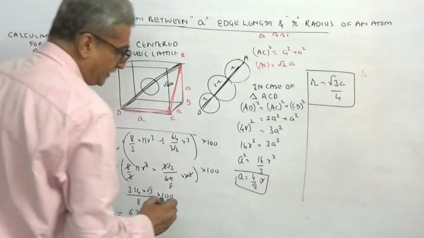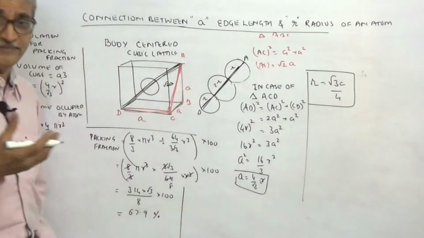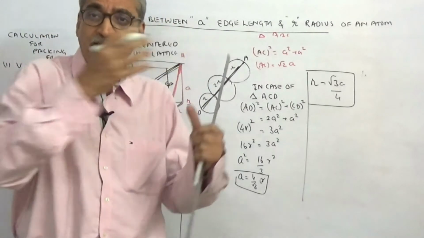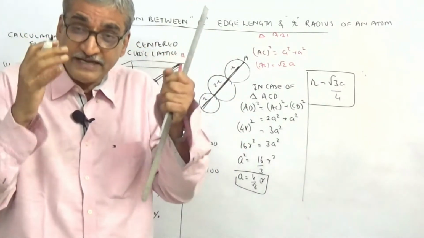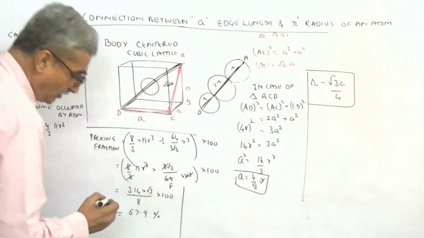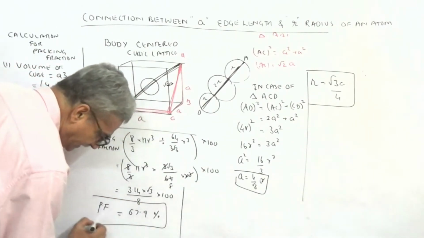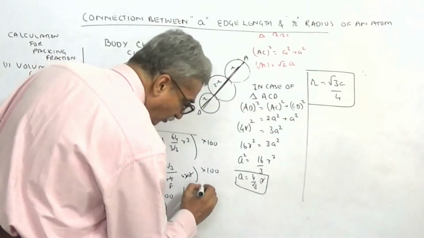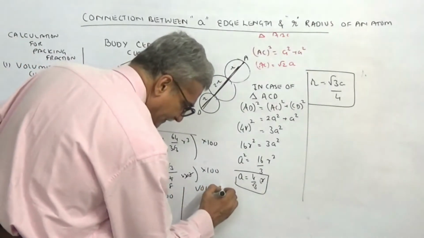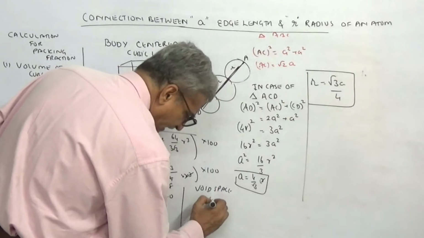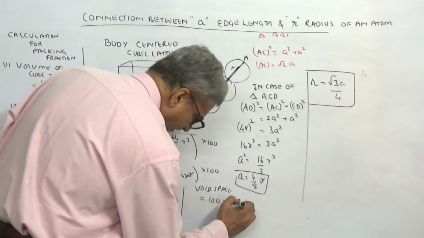So this packing fraction is 67.9%. So void space automatically becomes less now, because there we had 1 atom, now we have 2 atoms, so vacant space will become less. So either they will ask packing fraction for a body centered cubic lattice, or they will ask void space. Void space will be 100 minus 67.9.